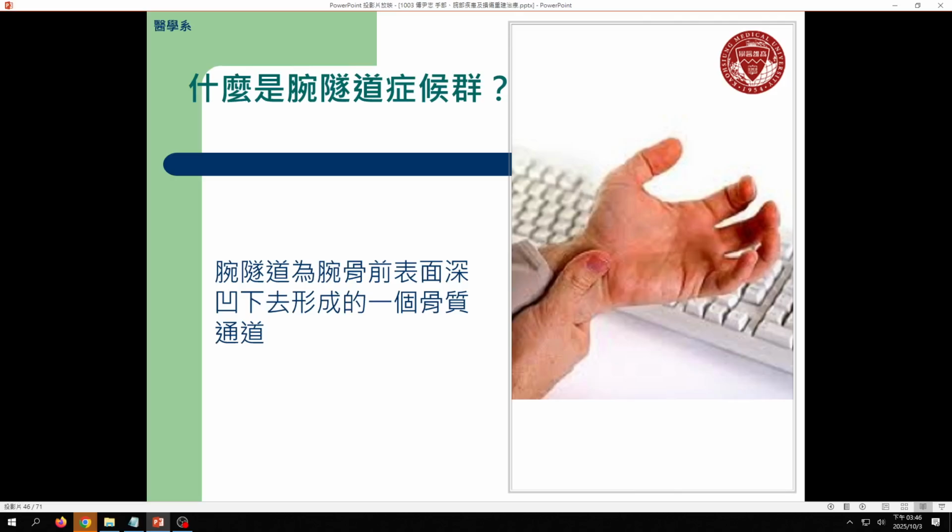How many tendons go through this tiny tunnel? Hey, anatomy. The same. How many tendons? 9, 8, 10, 9, 10, 9. Is that right?